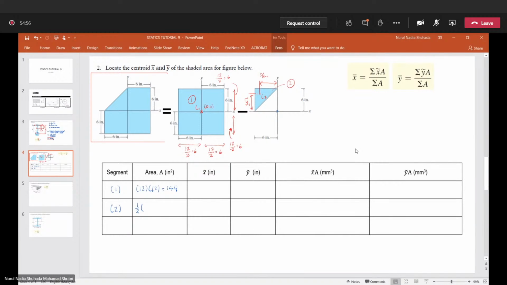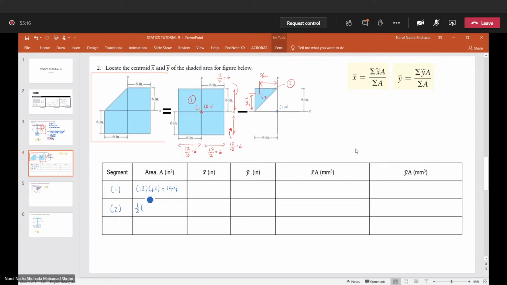However, since the centroid of the triangle is not at the exact 0 here, you have to pay attention to whether the value is in the negative or positive region of the axis.